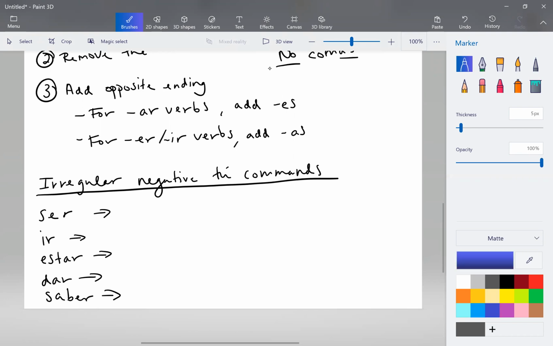Wasn't ser sea? Yeah, so what would the tú one be? Seas. Perfect. So don't be, right? No seas malo. Don't be bad.